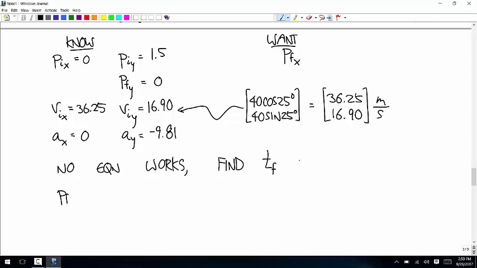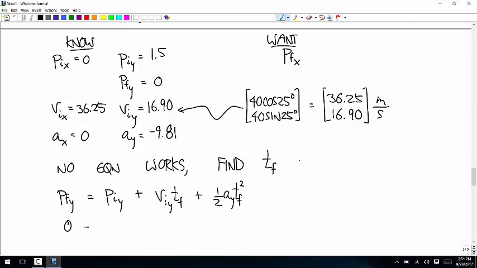So pfy is equal to piy plus viy tf plus 1/2 ay tf squared. By the way, now you can stop carrying units through your calculations. We're done with that.